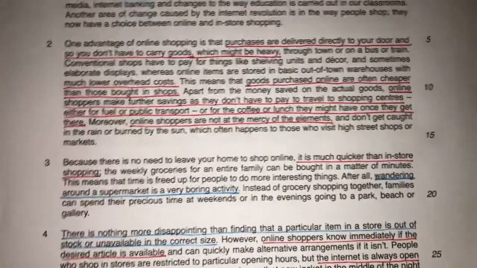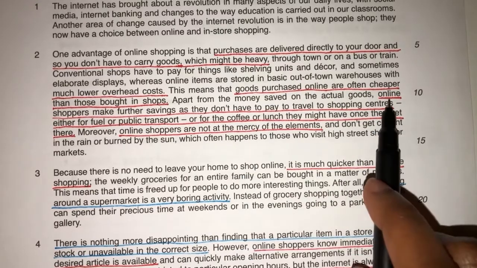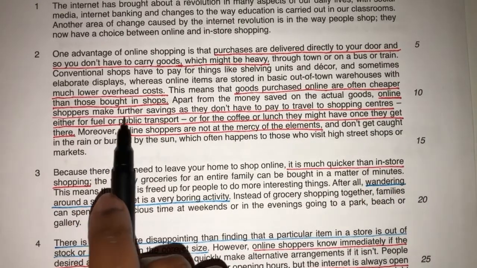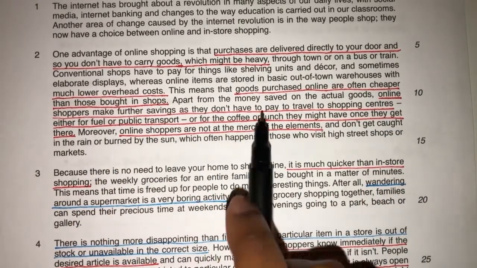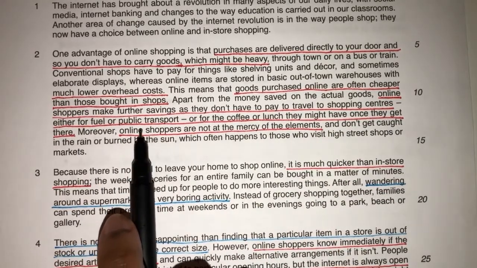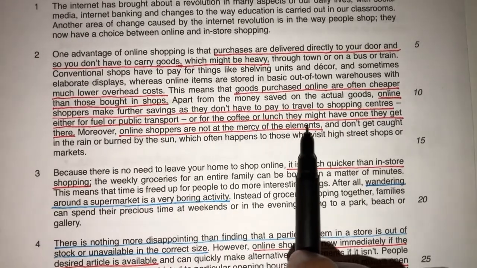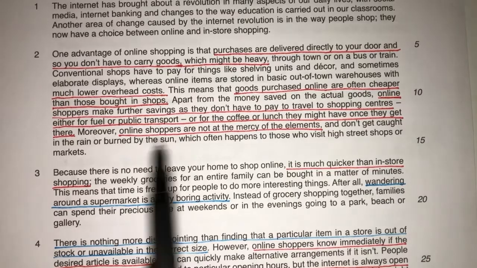Third point that I need to make here. Online shoppers make further savings as they don't have to pay to travel to shopping centers, either for fuel or public transports, or for the coffee or lunch they might have once they get there.